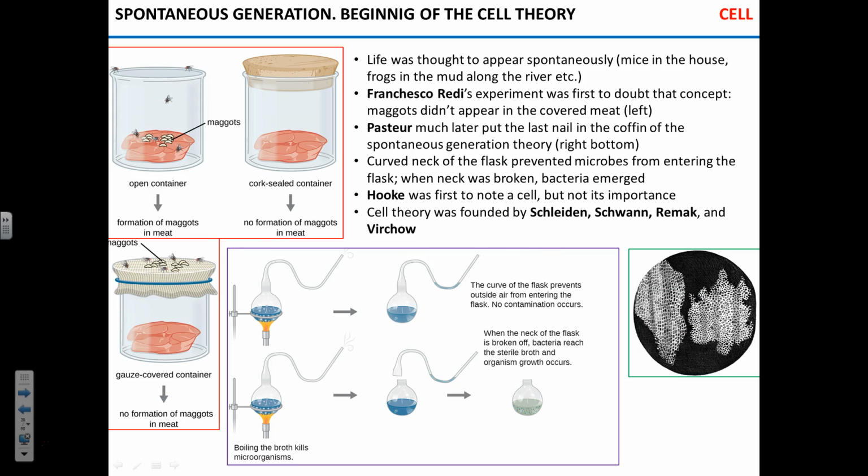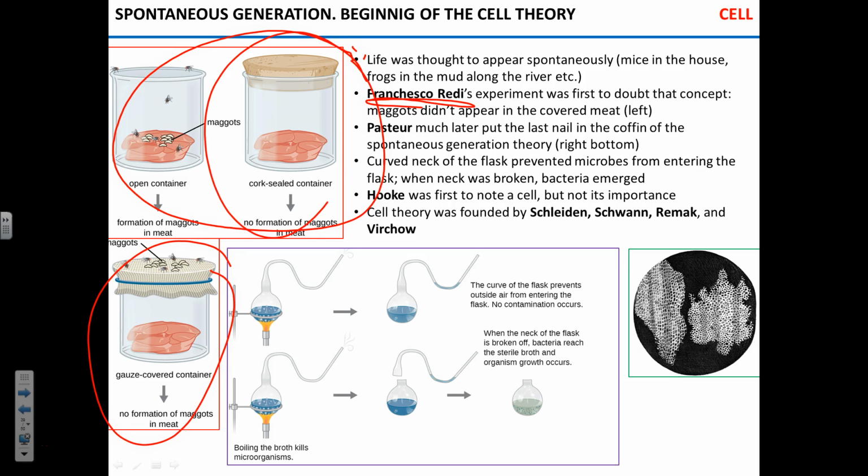Okay, good. We're going to start chatting about the cell today. We talked about spontaneous generation. Remember, Francesco Redi covered the meat with, depending on the source, a cork or a cloth. No maggots.